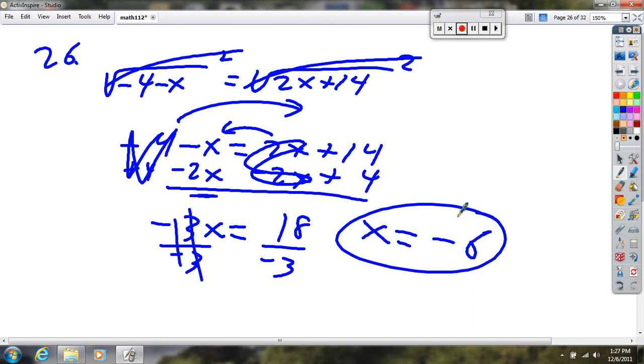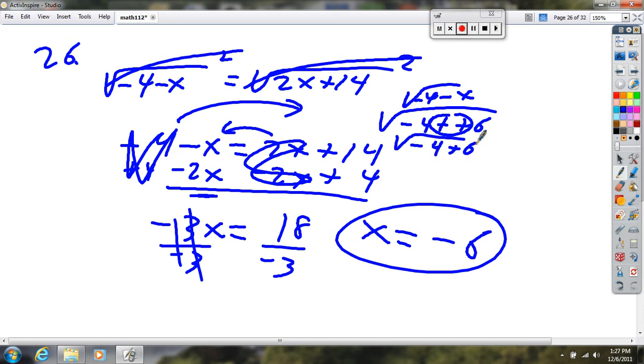Check it out. The square root of 4 minus, this is negative 4 minus x, is negative 4 minus negative 6. A double negative cancels, becomes positive. So it's negative 4 plus 6, which is the square root of 2.